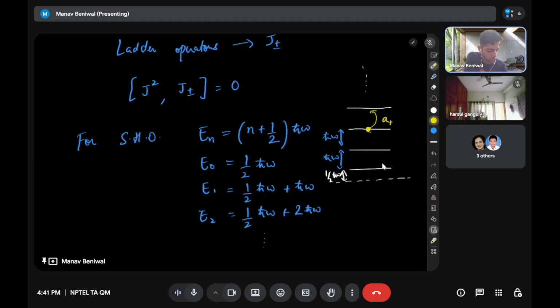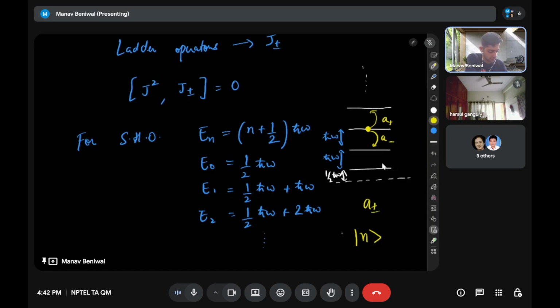If I want to go down one state, I have an operator called a minus. So these a plus and a minus are called ladder operators. Let's say this is some state of my wave function, which I can write as n. This is the nth state.